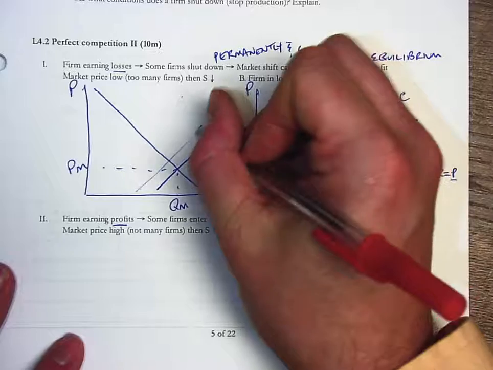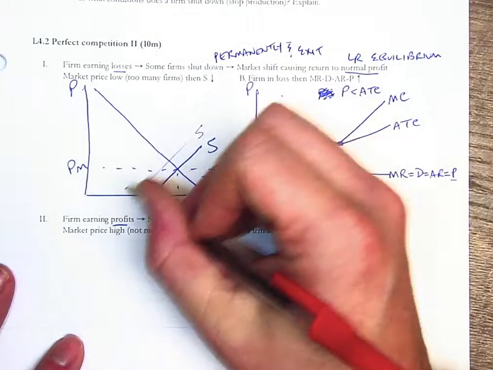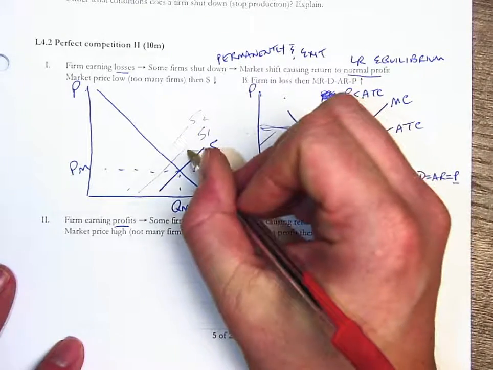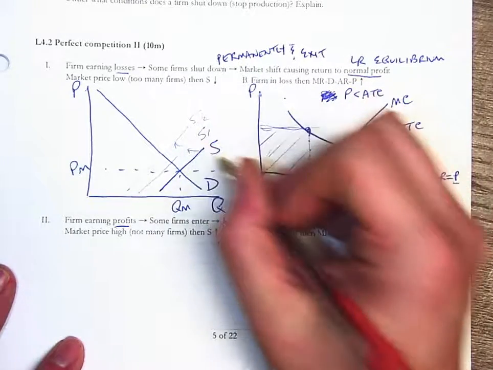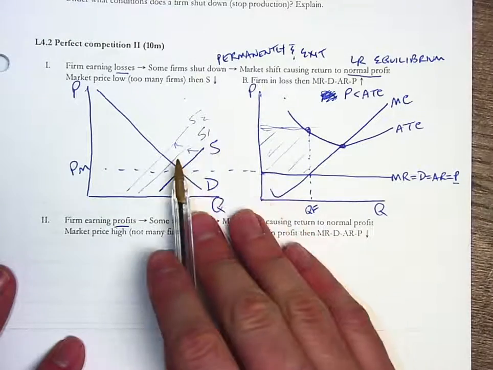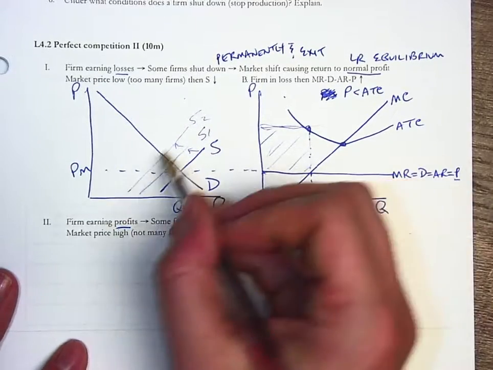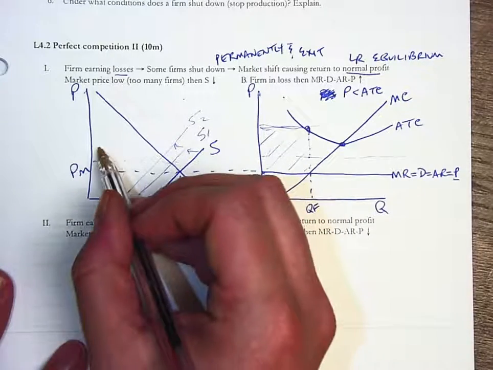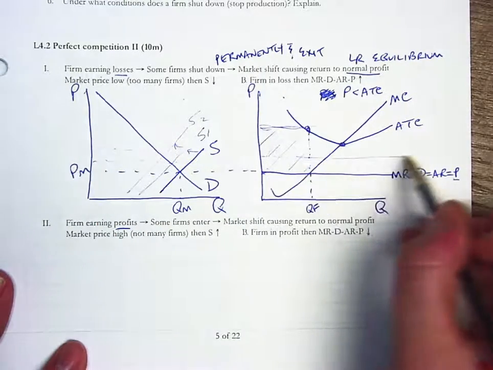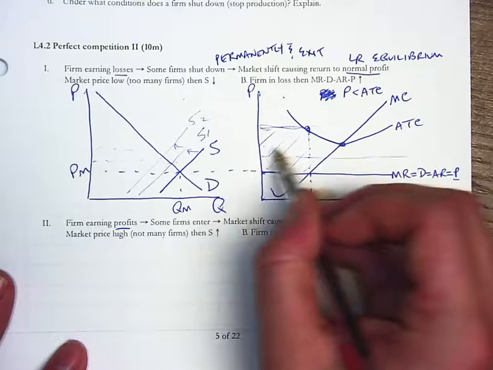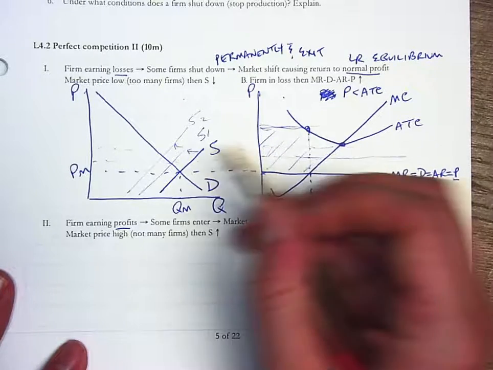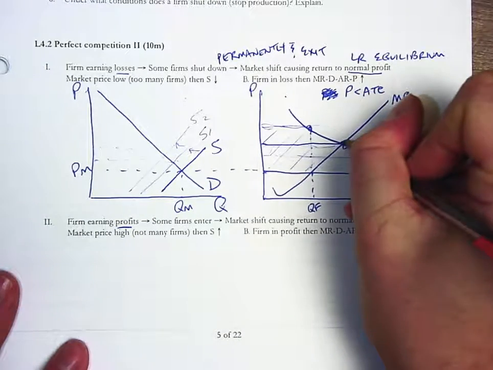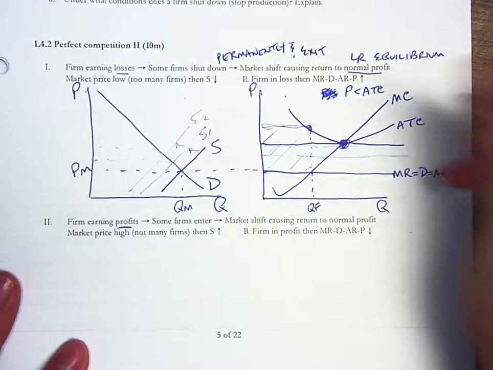Every time a firm shuts down, the supply curve will shift to the left, because there are fewer firms producing, and every time that happens you can imagine a slightly higher price that starts to emerge, until eventually that higher price gets to be right here where MC and ATC are.